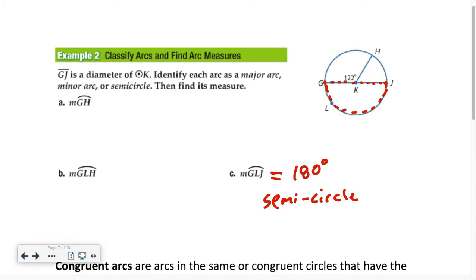So GLH, that's the next one, or I guess I'm kind of working backwards here. I was just going off what we were given. So GLH here, you gotta go in the direction of L all the way around to H. So that arc, there highlighted in green, well, that's a major arc.